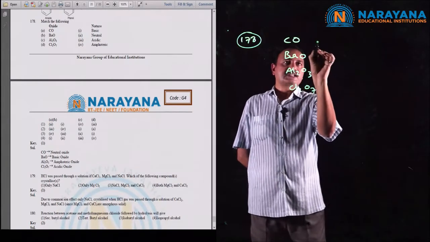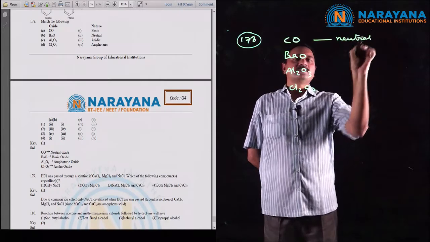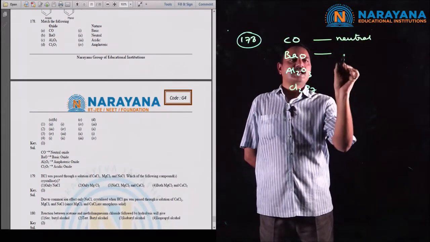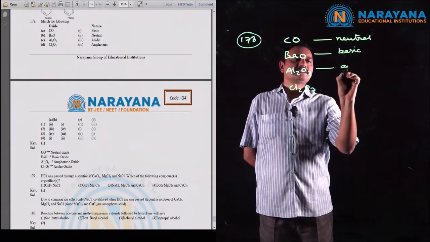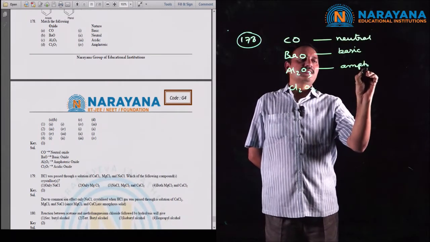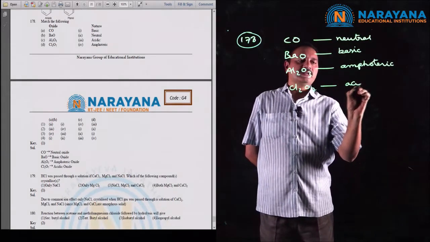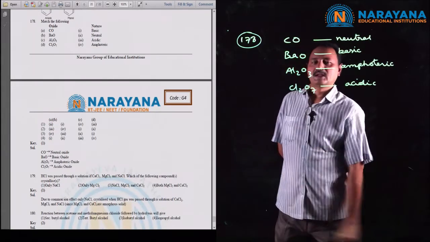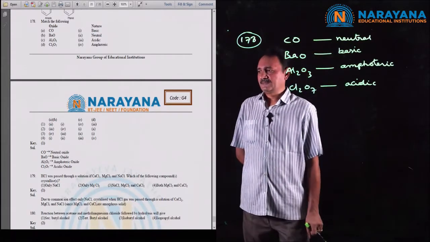If we consider these oxides, carbon monoxide is neutral in nature, barium oxide, which is a metal oxide, is basic in nature, and Al2O3 is amphoteric in nature, whereas Cl2O7 is acidic in nature. Now the correct match is the first option.